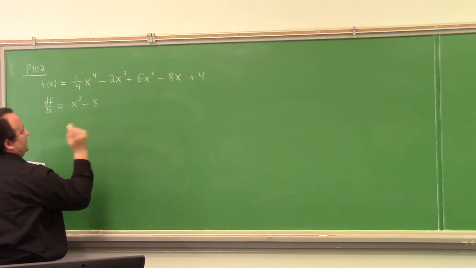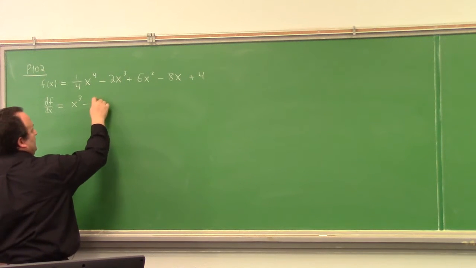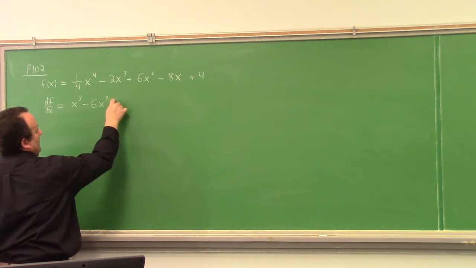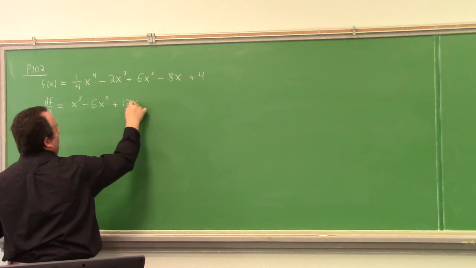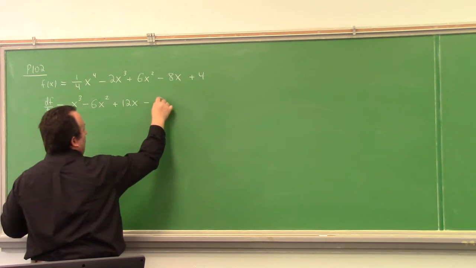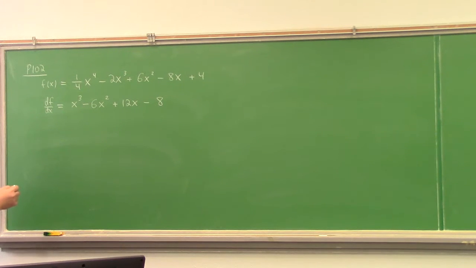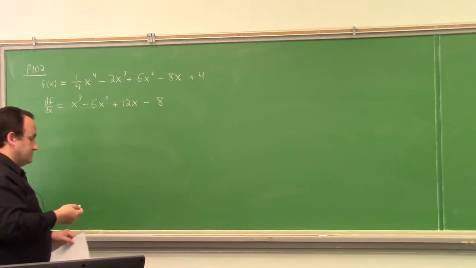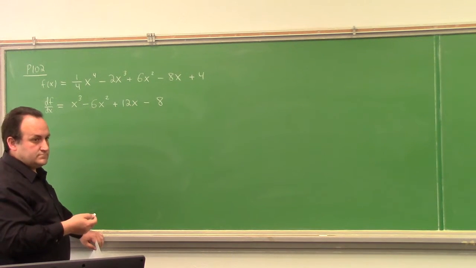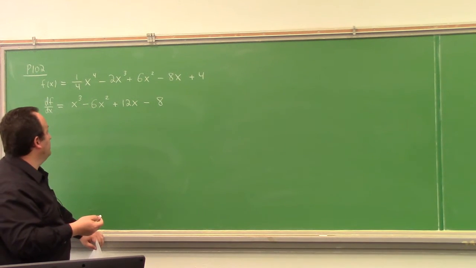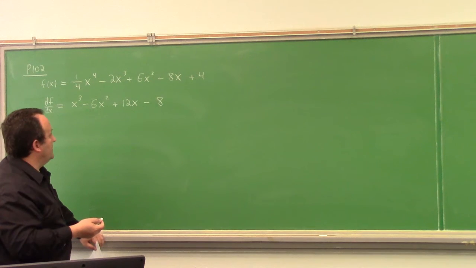Oh, excuse me. 3 times 2 is 6. And then this factors. Yeah, this is where I got stuck. I just found the derivative. Fair enough. Let's see here.